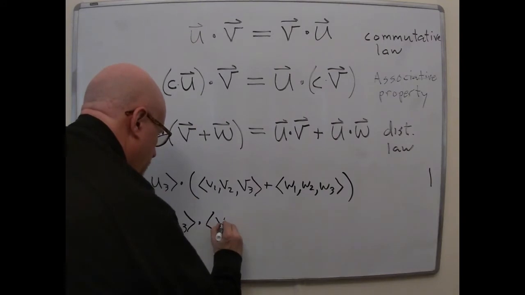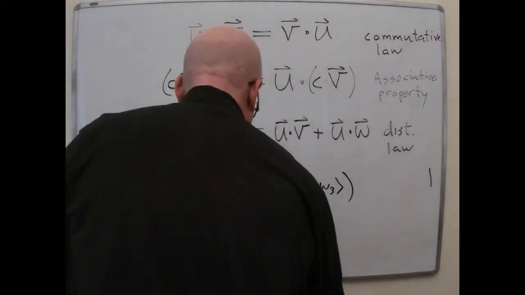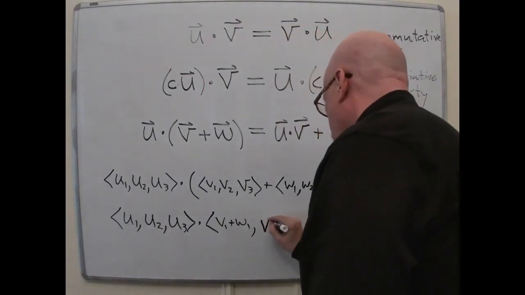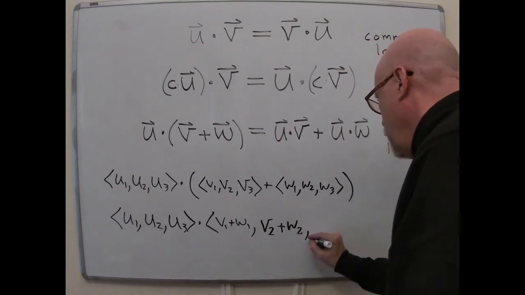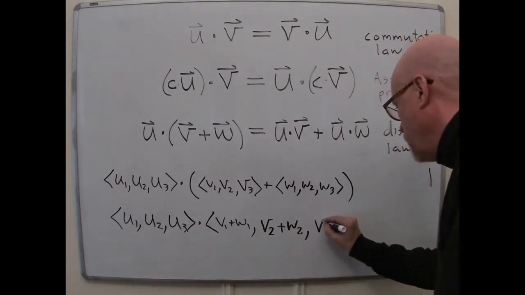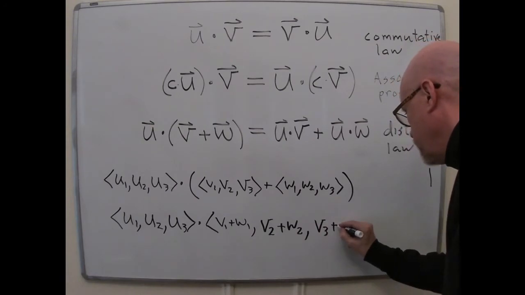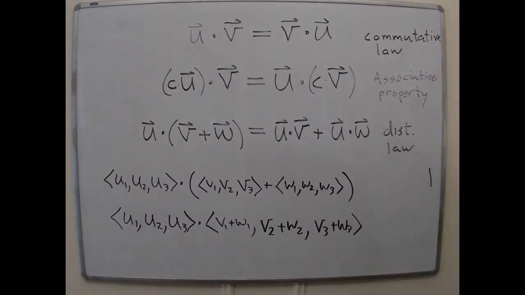It's V1 plus W1 in the 1 position, V2 plus W2 in the 2, and V3 plus W3 in the 3rd position. It's ugly, but I can do the dot product now.